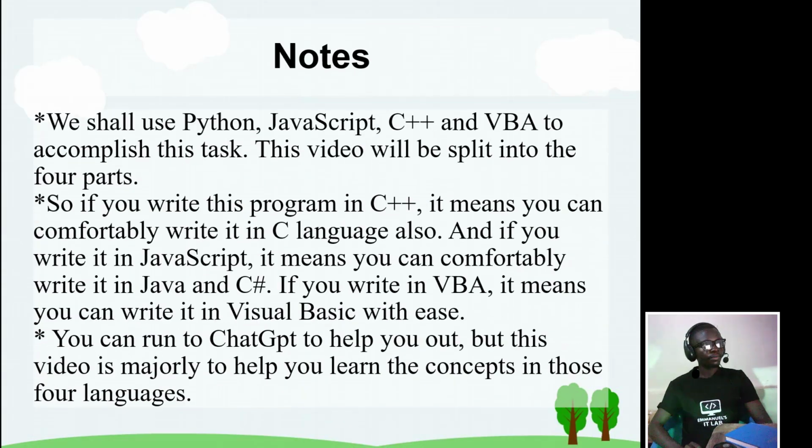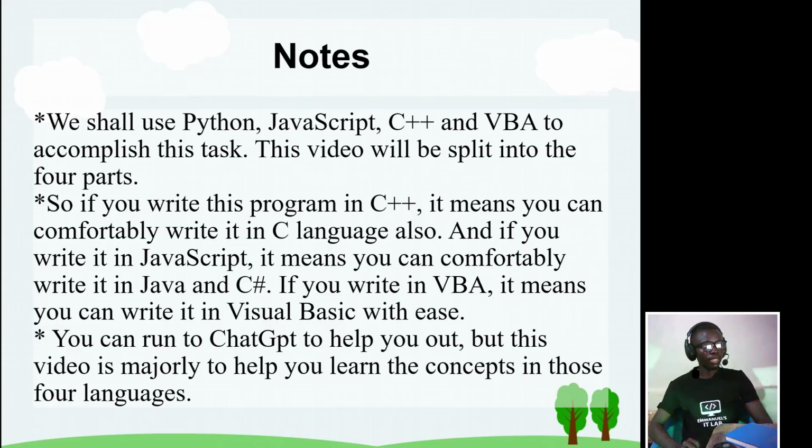Now, we have keynotes to take here. Like I said, we shall use Python, JavaScript, VBA to accomplish this task. Alongside, we shall build a graphical user interface application. So, I'm very confident that if you build this in C++, it will not be hard for you to do the same in C language.